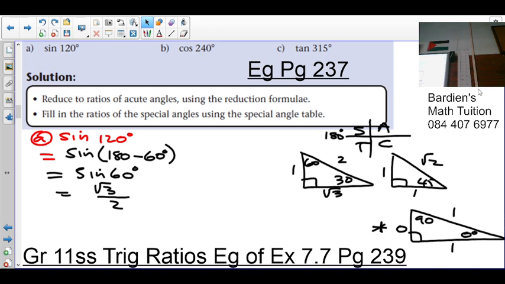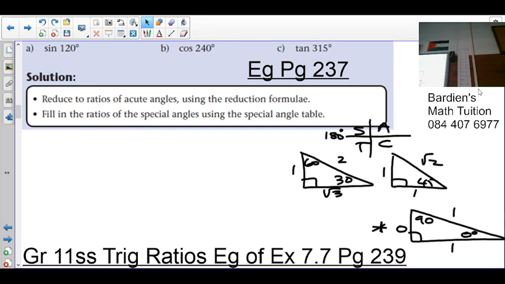Let's look at B. The B question says cos of 240 degrees. Which quadrant is 240 degrees in? Third quadrant. How do we get into the third quadrant? 180 plus, or you could have said 270 minus. But we don't use 90 and 270 unnecessarily.